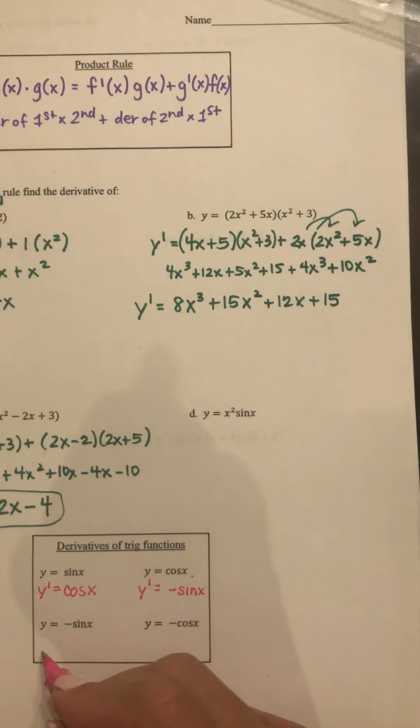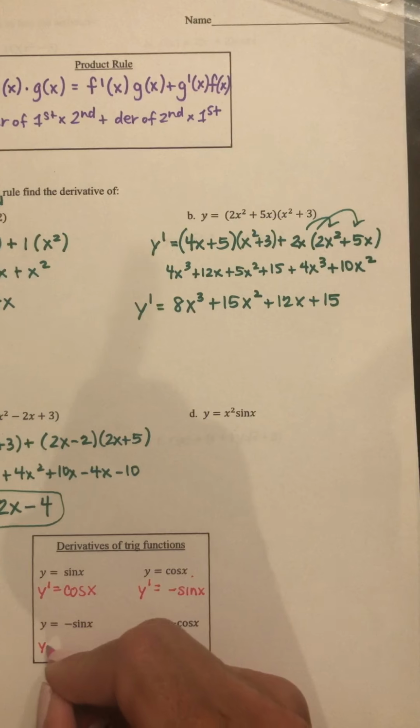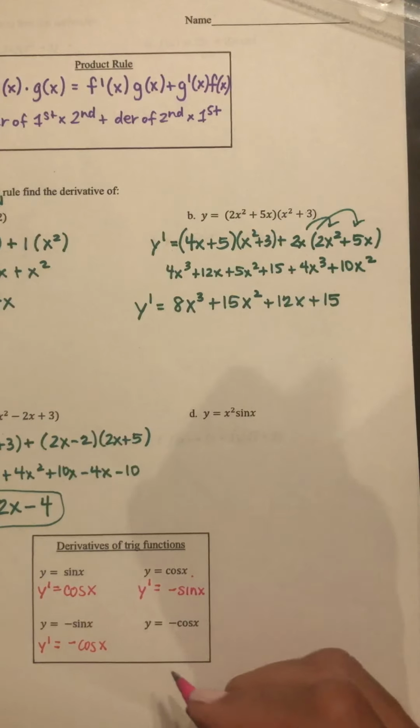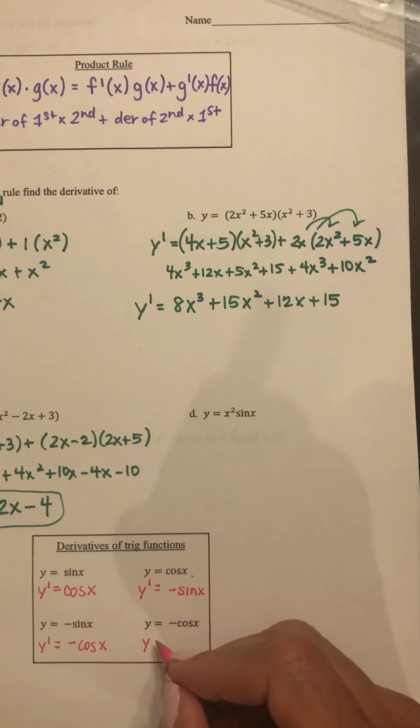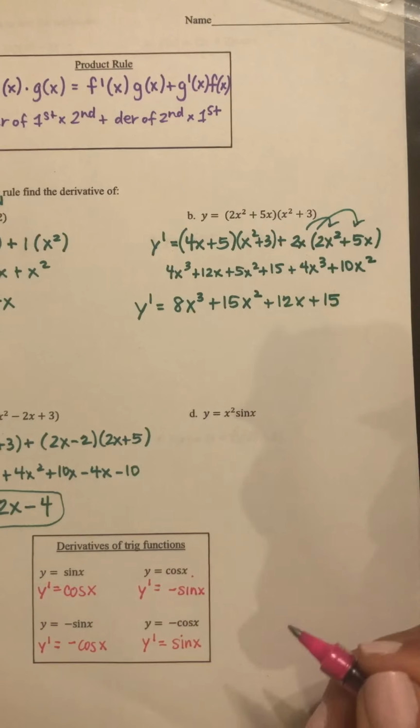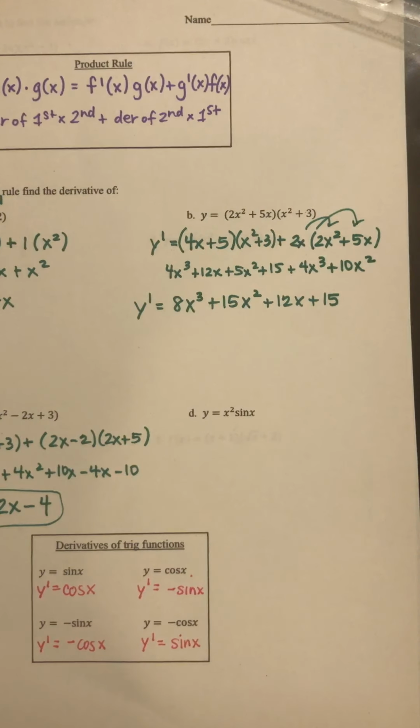And then the derivative of negative sine x is negative cos x. And the derivative of negative cos x, you guys want to take a guess? Yeah, it's sine x. So you've got to just remember those, because if you don't, you are going to get eaten alive.